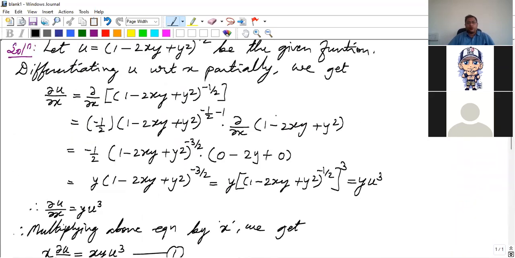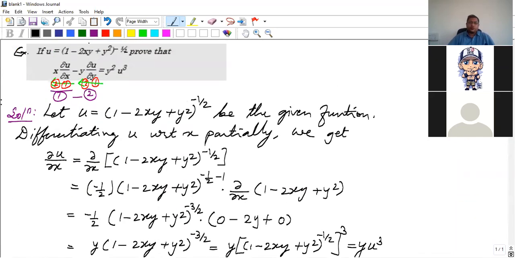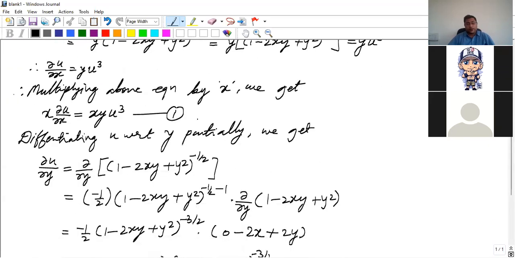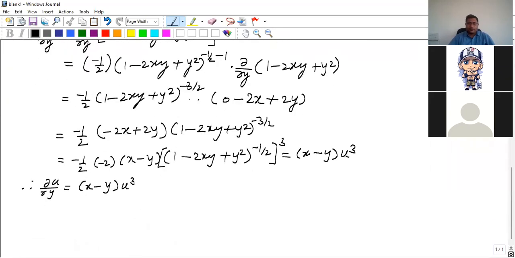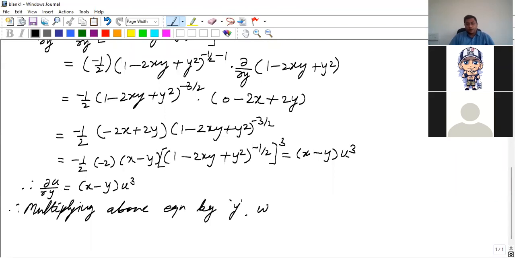Now see, what we will have to do is we have to multiply this by y again. So let us multiply the term that we have obtained by y, and hence we can write here, multiplying the equation by y. So if we multiply this by y, what we get is y w by w y is equal to y times x minus y, and u cube.